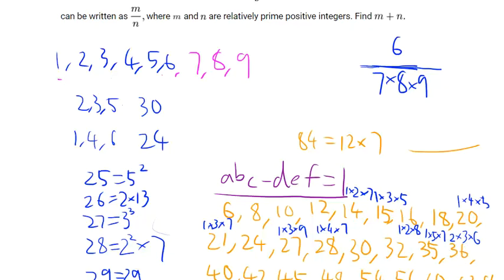Let's try it out. 35 and 36, this is 2 times 3 times 6 minus 1 times 5 times 7.